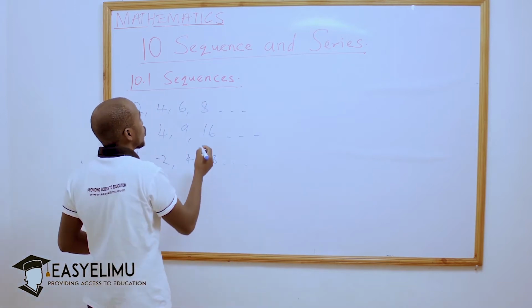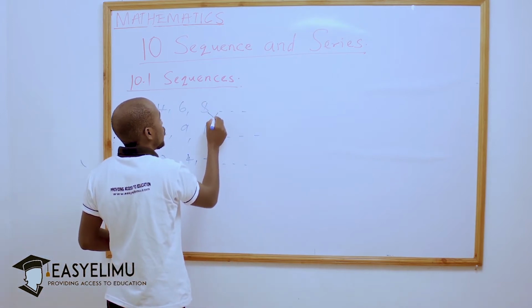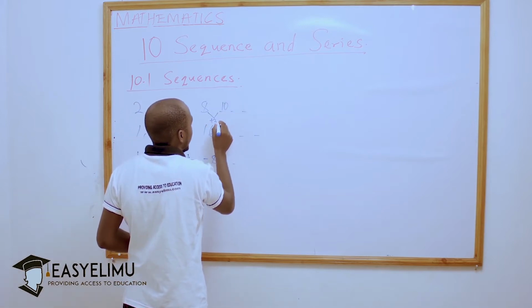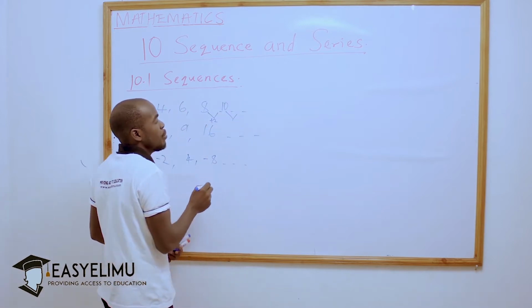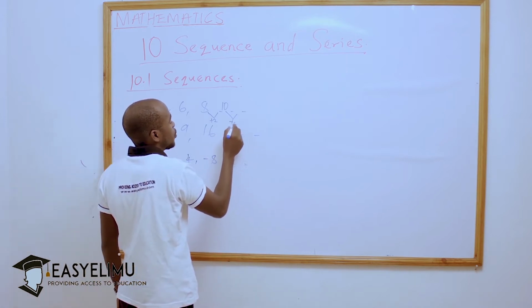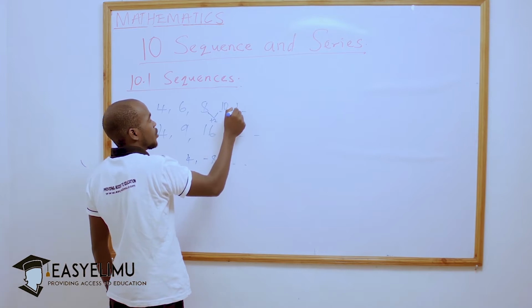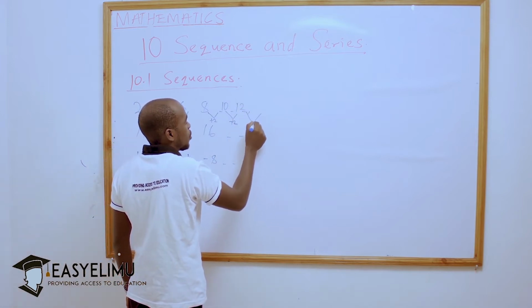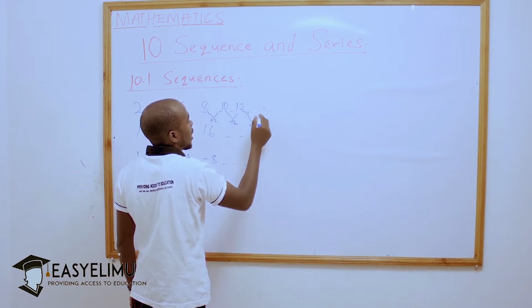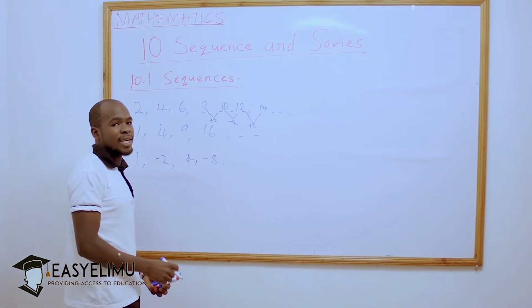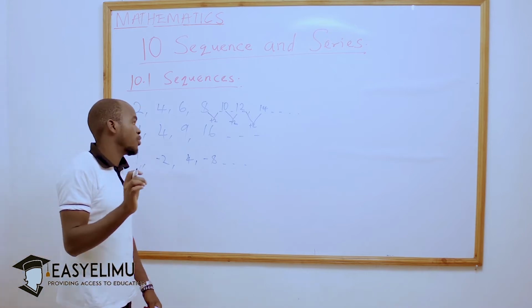The next number will be 10, then 12, then 14. As you move on, there is a pattern of adding 2.